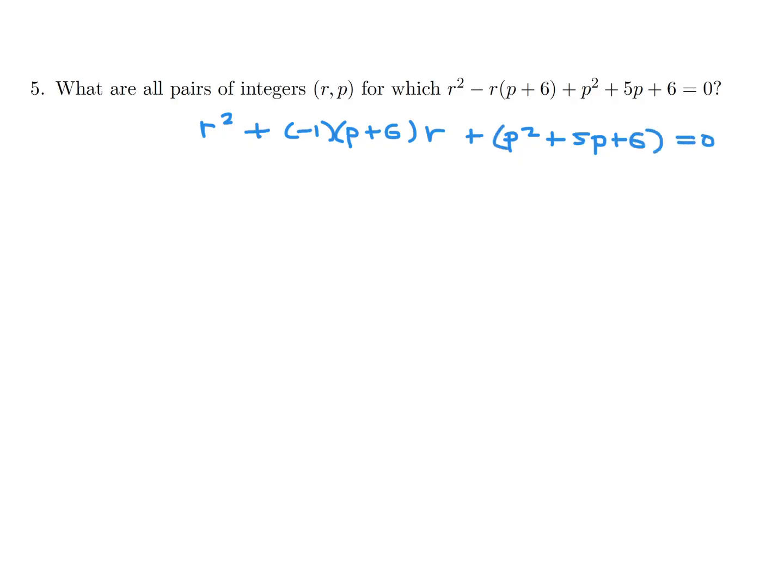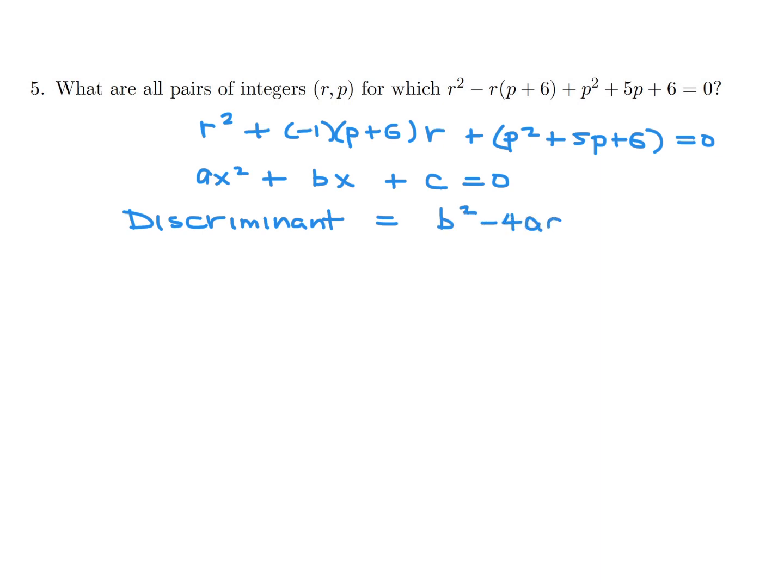Okay, so I purposely put it in that form because I want it to look like ax squared plus bx plus c equals 0. You guys are a little bit more familiar with that, right? And this is a quadratic, and you may remember something called the discriminant. The discriminant of an equation of that form is b squared minus 4ac.